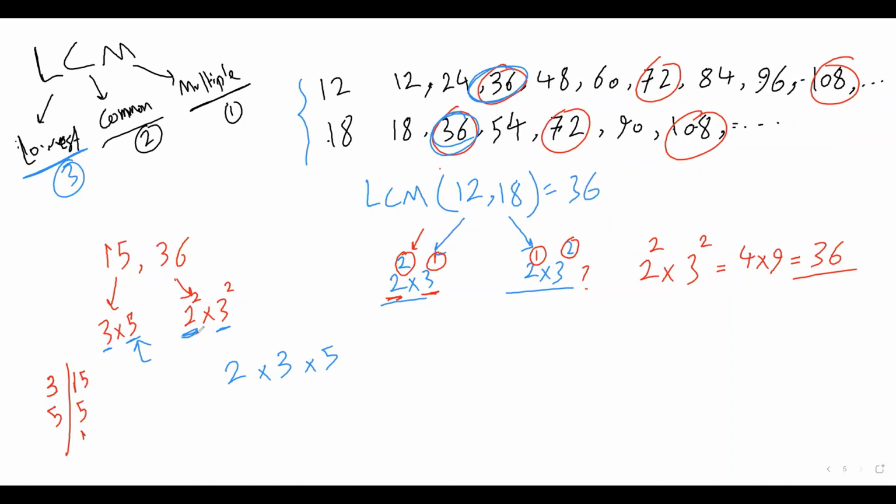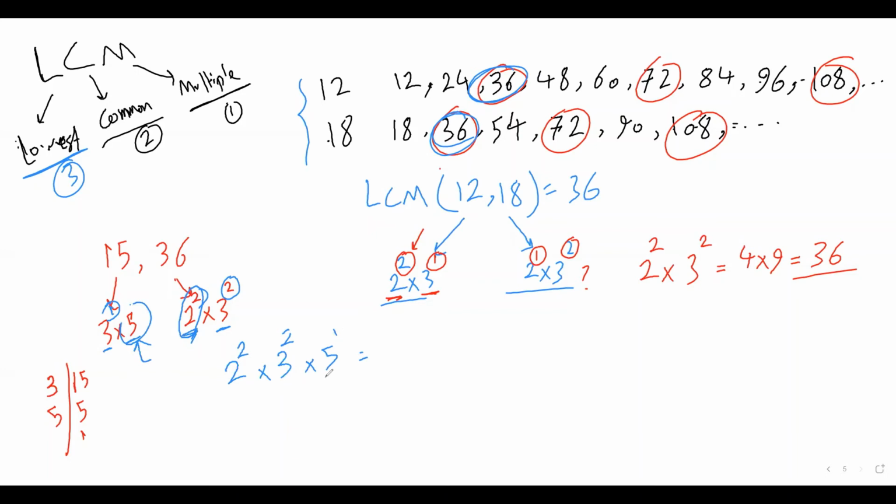Well, 2 is only shown up here, so we have no choice. Whatever power it has, we have to copy it here. 3, however, we have a choice between 1 and 2, and I told you go for the highest. And 5, again, no choice because it has only shown up here and the power is 1.